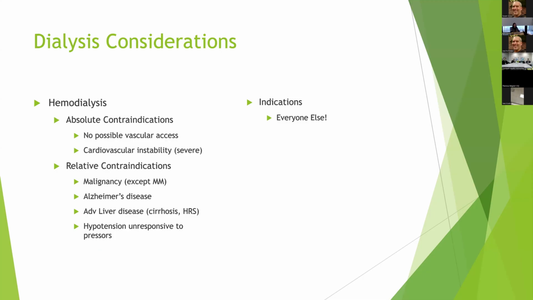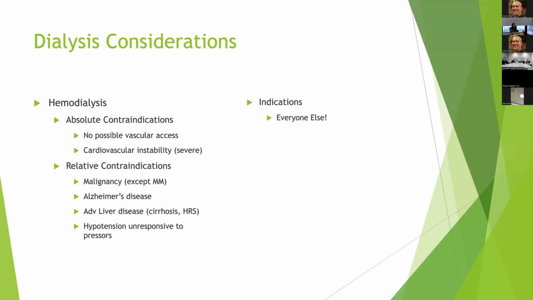And when having those conversations, there's a couple of contraindications to consider or discuss. So absolute contraindications, there aren't many, and no possible vascular access seems obvious. And then if they've got, it has to be pretty severe cardiovascular instability. That becomes the priority over hemodialysis.